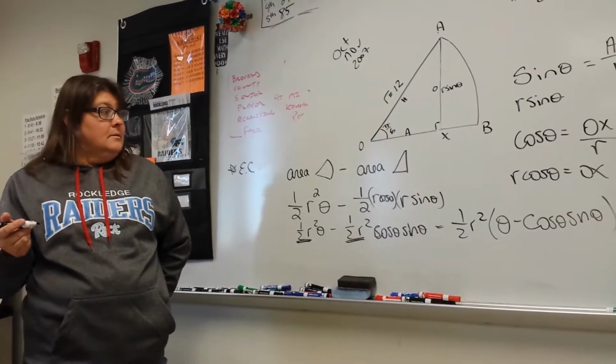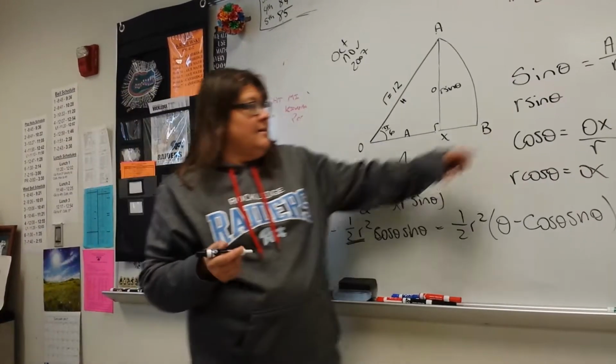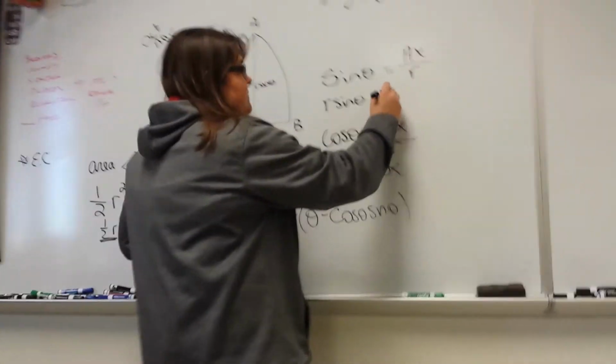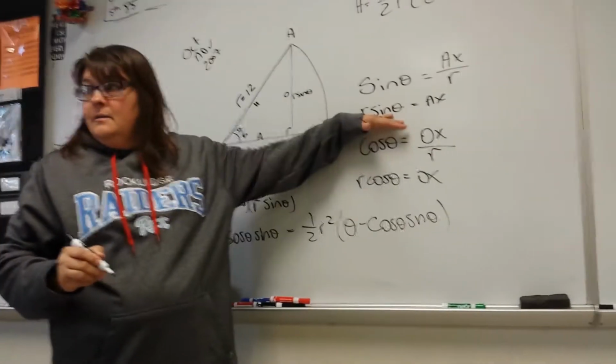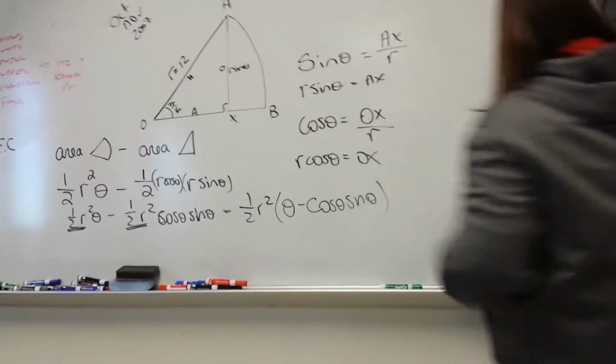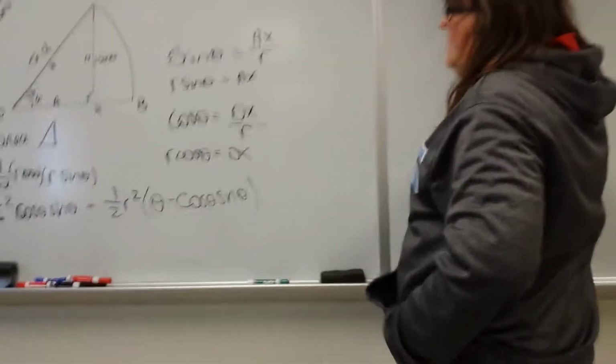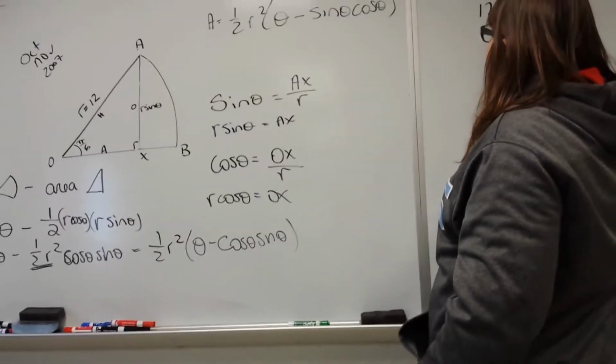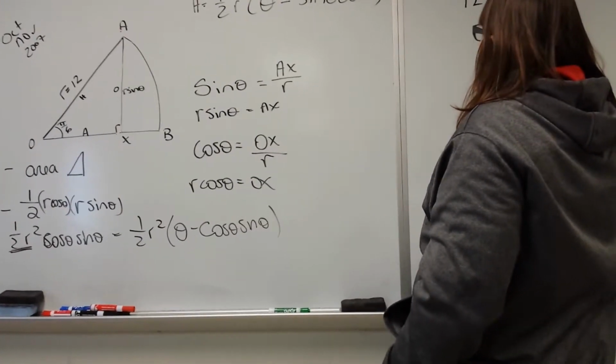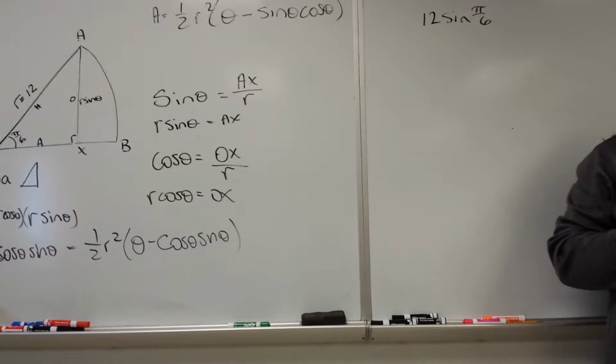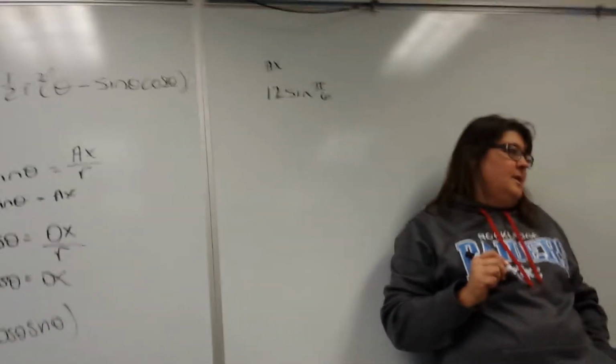You use sine. Because what it was AX in the first place, AX was R sine theta, right? So AX is going to be 12 sine of pi over 6. Okay. How do we figure out sine of pi over 6 pretty easily?